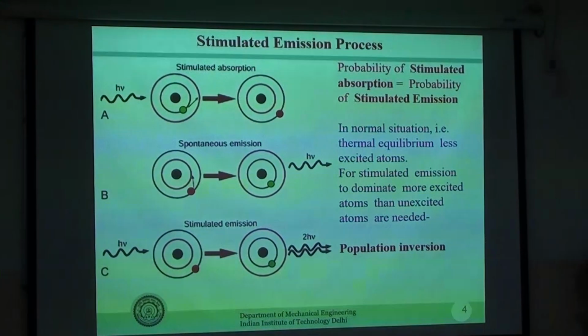Population inversion is a condition where, by some means, and there are different means of doing that, we ensure that there are more electrons in the higher energy state than in the ground level. That is the very basic of the laser system. If this criterion is not satisfied, you will not get lasing action. So that is a brief about stimulated emission and population inversion.